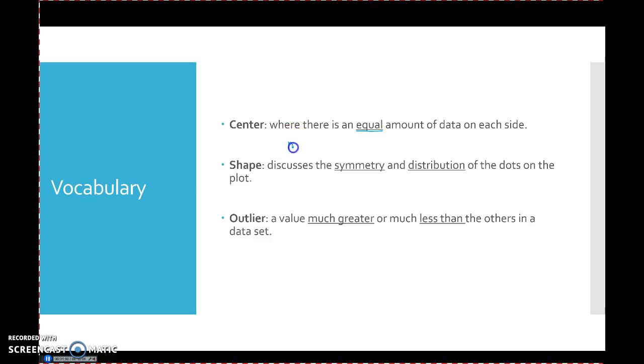It's also known as the median. And shape, it discusses the symmetry and distribution. So it means how the dots are distributed on the graph of the dots on the dot plot. And then an outlier is a value that is much greater or much less than the others in the data set.